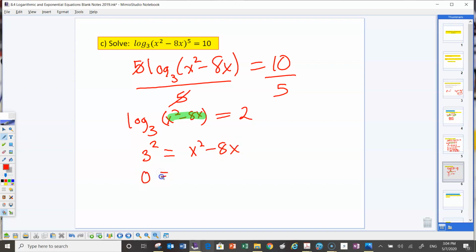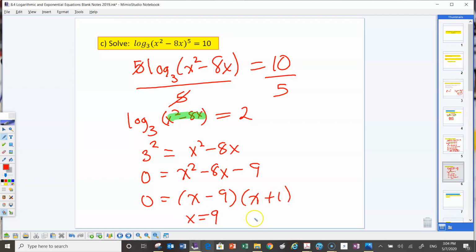3 squared is 9, so I'm going to subtract the 9 over to the other side. And now this factors into x minus 9, x plus 1. So either x is 9 or x is equal to negative 1. And we evaluate back in the original to make sure that these values do not make this negative.